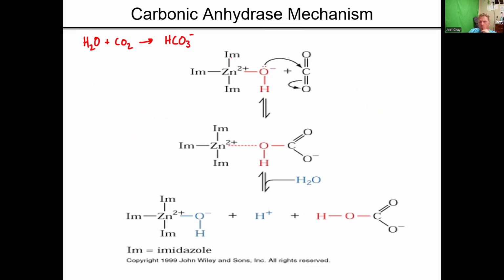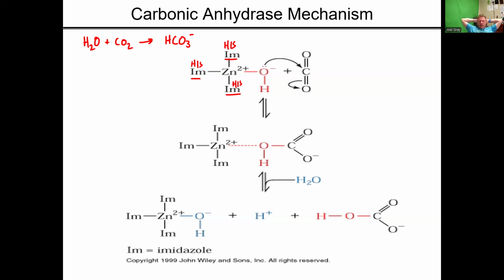What we're seeing here with this IM is representative of an imidazole ring, and this would be a histidine residue. Histidine is an amino acid that has a five-membered ring, and the functional group name for that five-membered ring is imidazole.